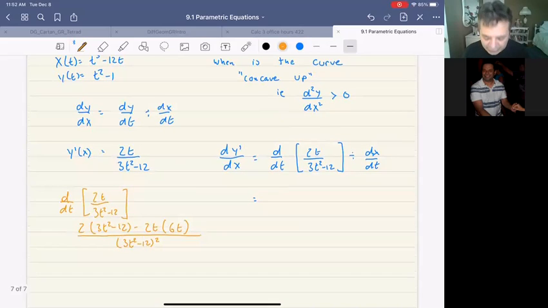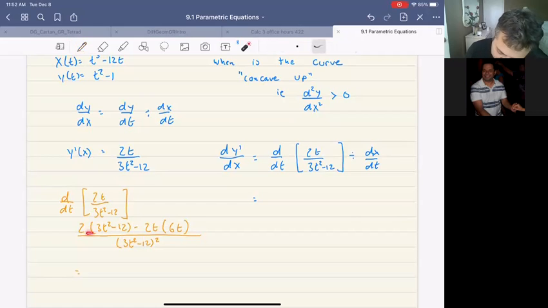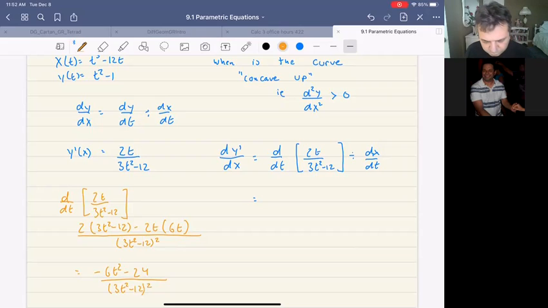So that's going to simplify to what? 6t squared minus 12t squared, so that's minus 6t squared, minus 24, over 3t squared minus 12, squared.